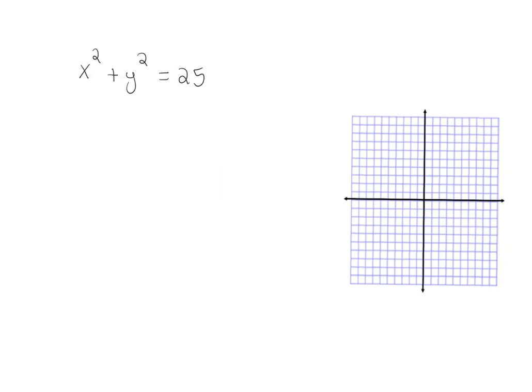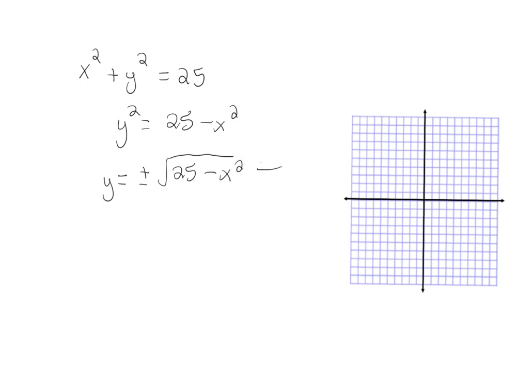All right, so now here is a simple equation for a circle, but I'm actually going to talk about the form for a semicircle. So for this equation, I'm going to solve for y. So y squared equals 25 minus x squared, and then you could square root, so y equals plus and minus the square root of 25 minus x squared.